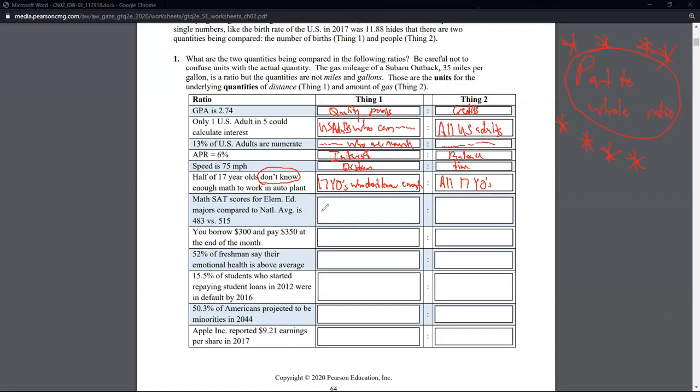So we're comparing the math SAT scores of the elementary majors to the math SAT scores of all students.